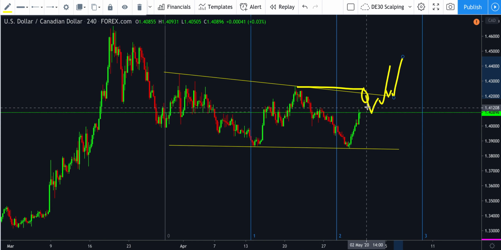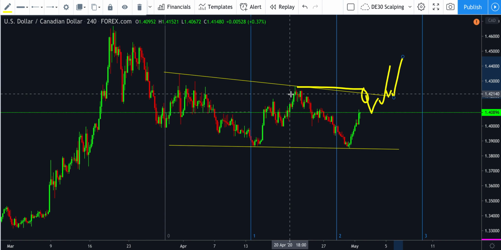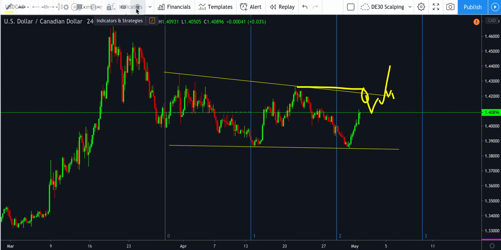So you still have enough room until you reach the top of this resistance.